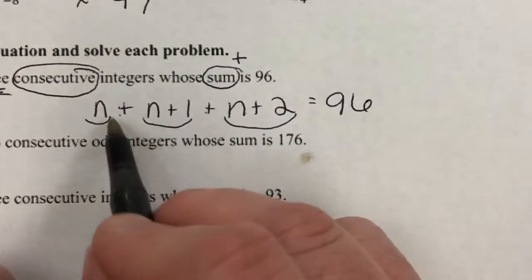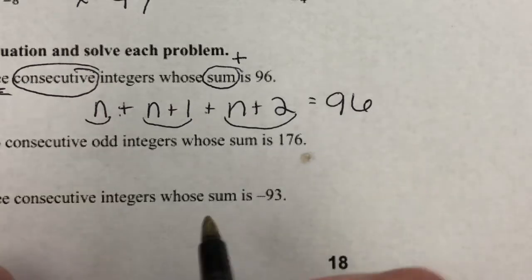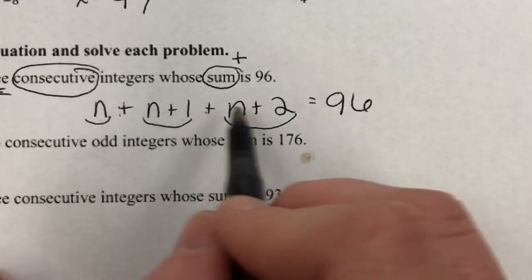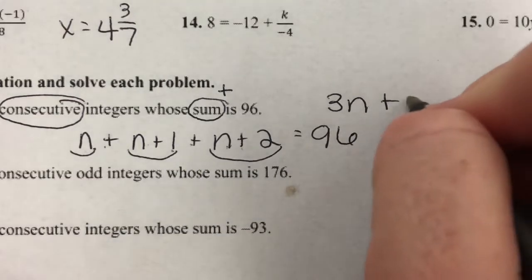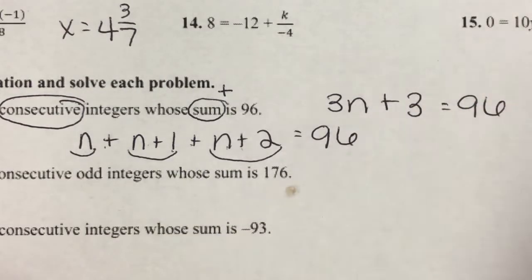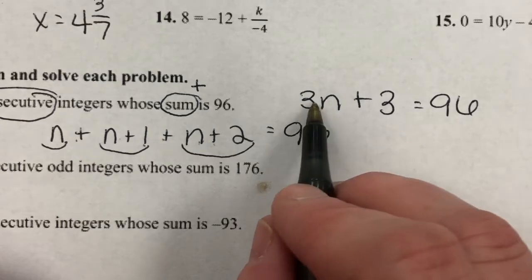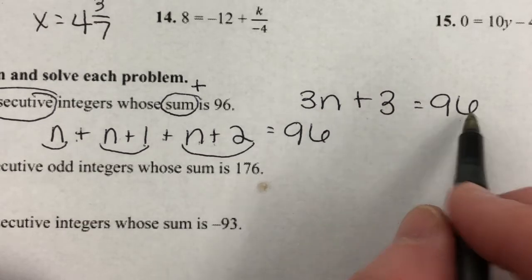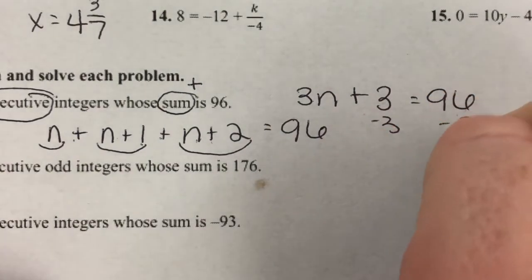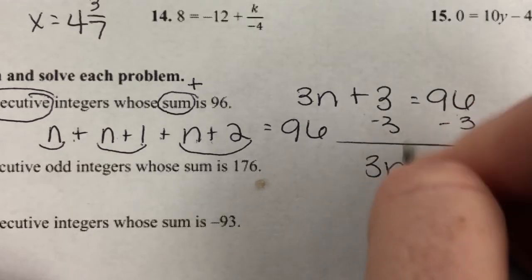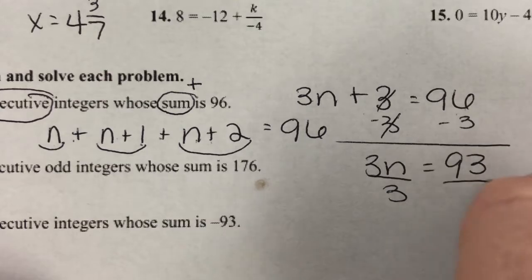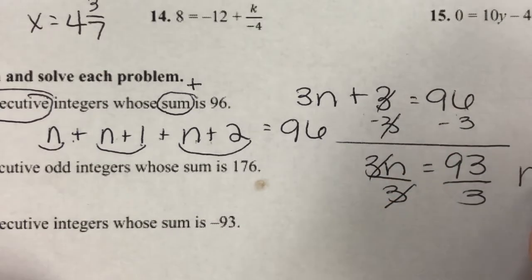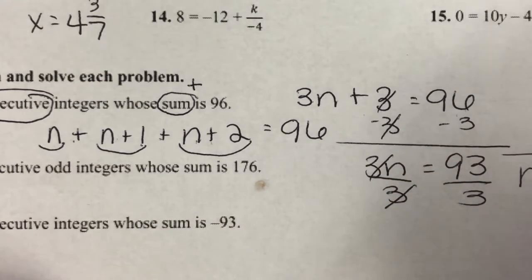So I have this integer, and this integer, and I add them together, and it's going to equal 96, right? To figure out what the very first number is, I add them all together and solve for n. So I have 3n plus 1 plus 2 is 3, equals 96. I need to solve for n, so I'm going to subtract 3 from both sides of my equation. 3n equals 93, then divide by 3, n equals 31.